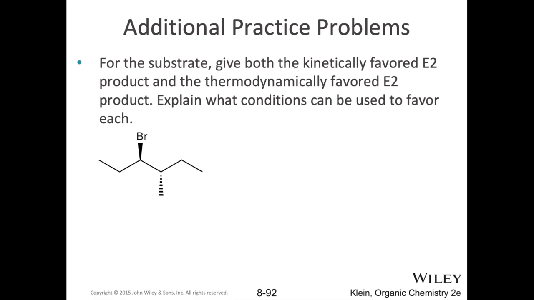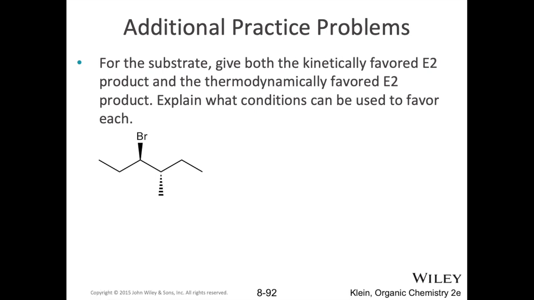You'll probably notice that when it comes to kinetic versus thermodynamic products, you're essentially looking at your Zaitsev versus Hofmann product, right? So when we take off this bromine, we're going to form a double bond either here or here. If we form it here, that's going to be the tetra-substituted double bond, which is more thermodynamically stable.